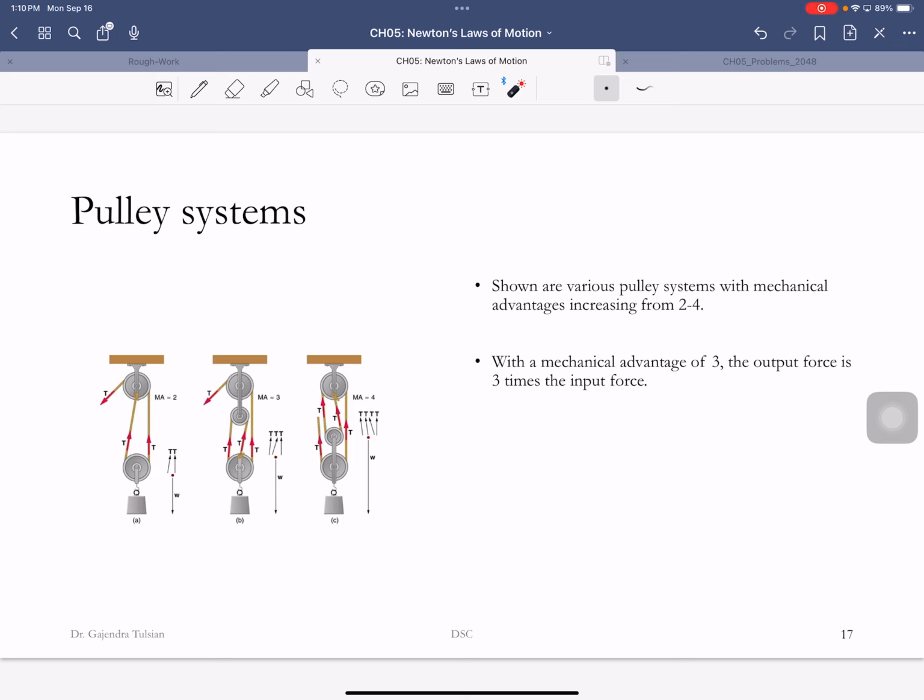What is the problem with indefinitely increasing the mechanical advantage? You're indefinitely increasing the distance. In practice, what would be the problem? Very good. More moving parts are involved, so you're increasing friction.